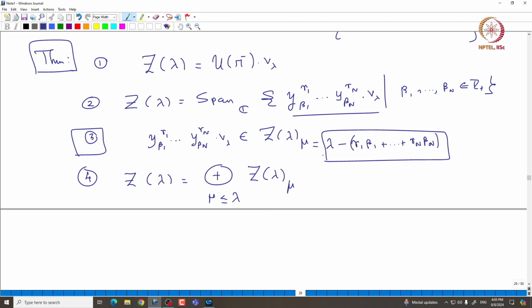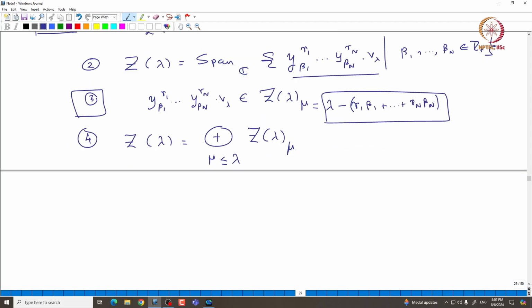Now once you fix the tuples R1 etc. Rn, you can easily see that β1 etc. βn are nothing but some ordering on the positive roots, and α1 etc. αn will form a basis of H*.